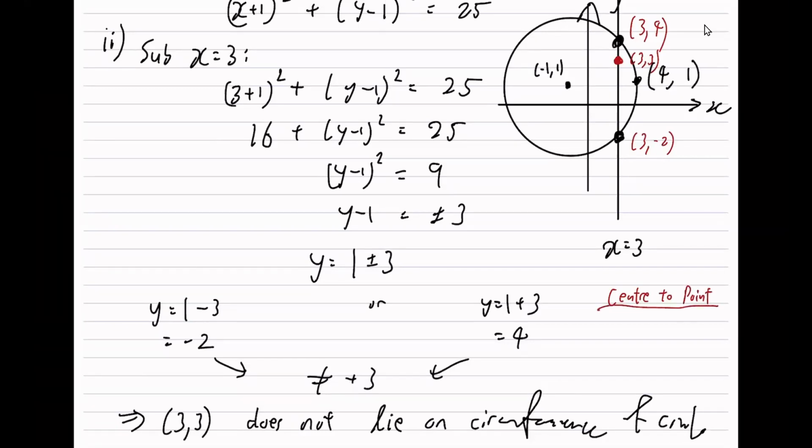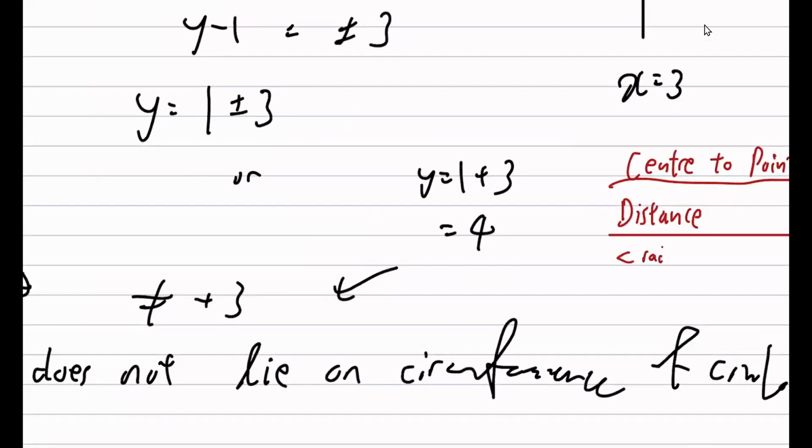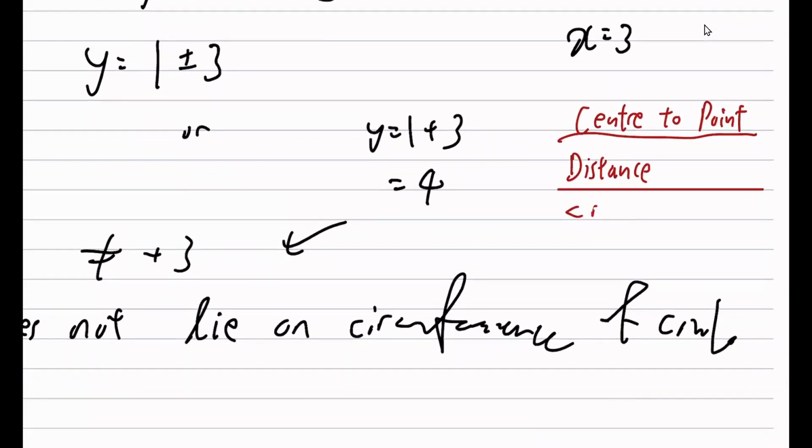Center to point, we measure the distance or length. There are 3 cases: less than R, I'll just use R for radius, equals R, more than R. From there, we can deduce 3 things.